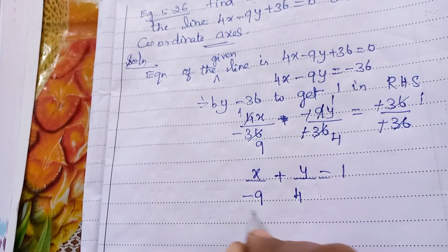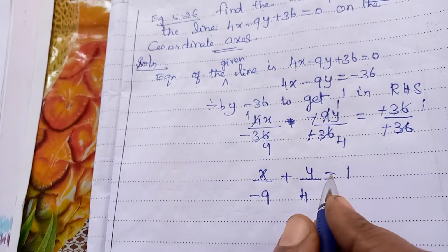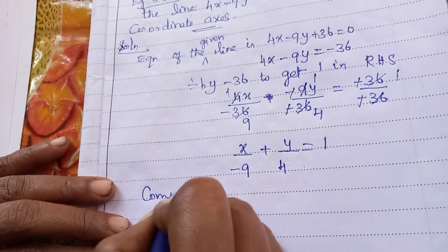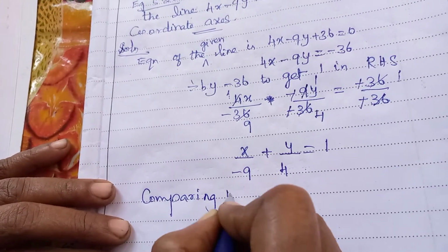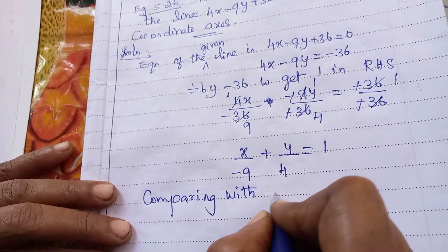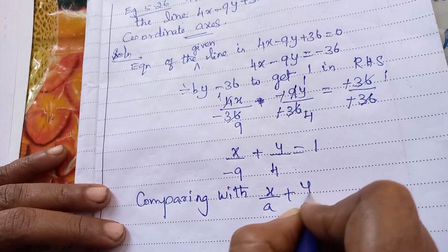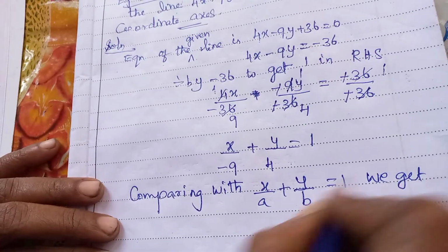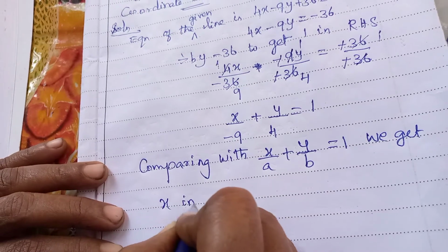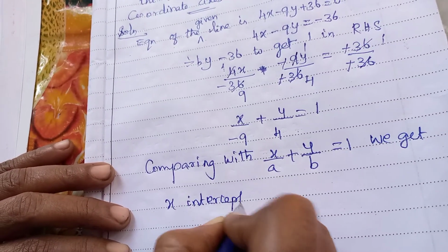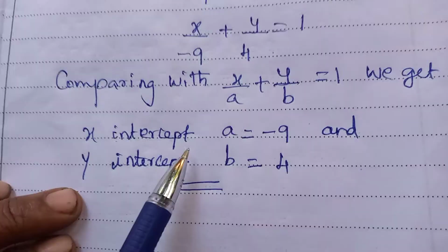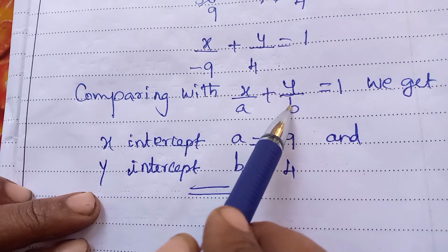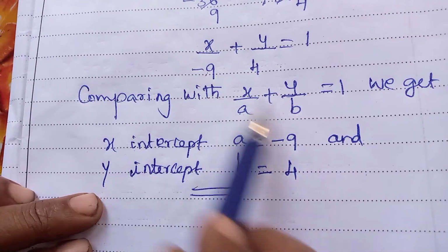Now it is in the form of x by a plus y by b is equal to 1. Comparing with x by a plus y by b is equal to 1, we get the intercepts: a corresponds to minus 9, and b corresponds to 4.